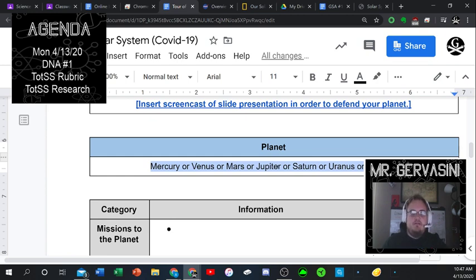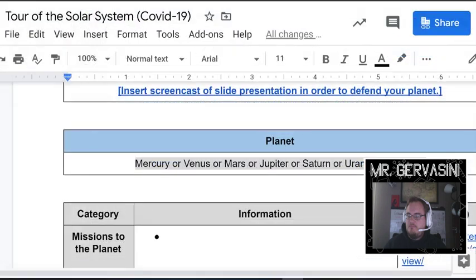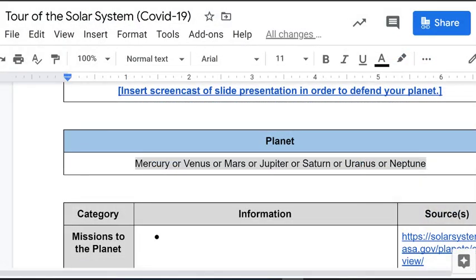If what you write in this box is something different than one of these names, you are starting off very, very wrong. If you are doing something other than these 7 names, you are doing something very wrong.